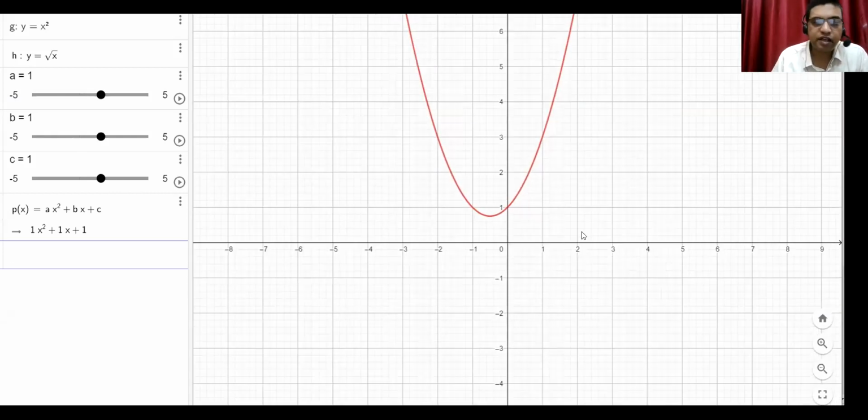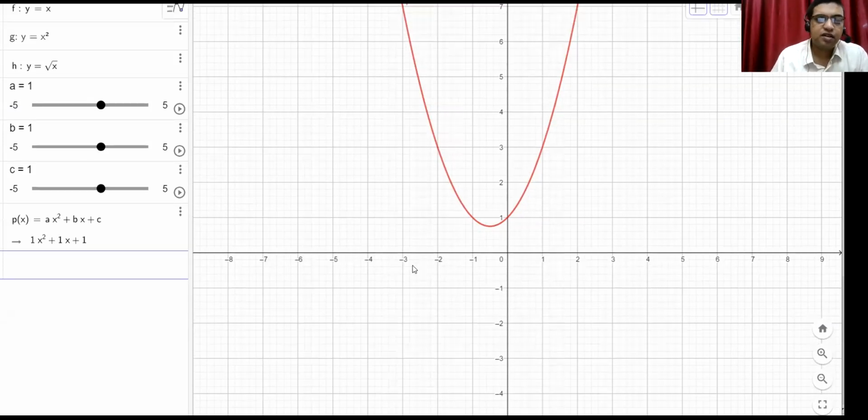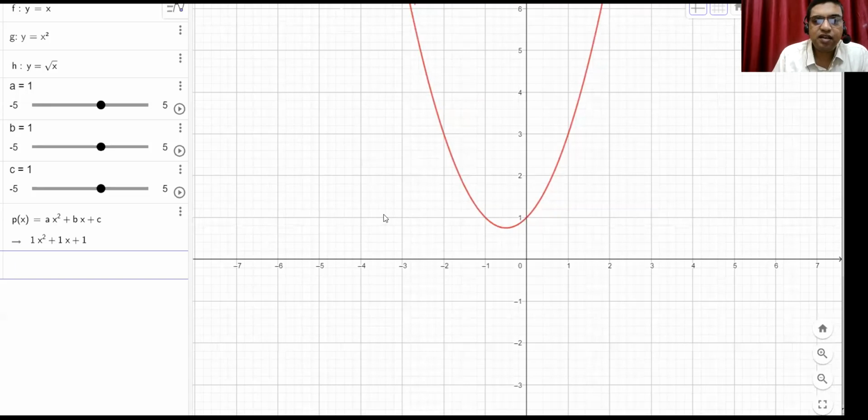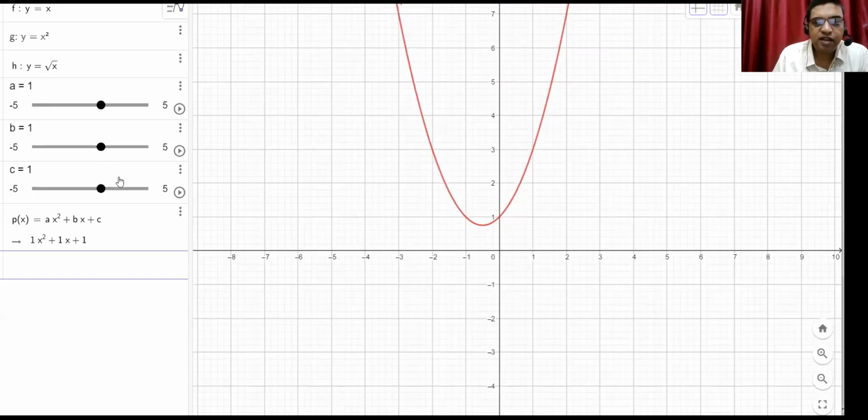Now we'll go into great detail in quadratic expressions. I just want to put that a quadratic expression, ax square plus bx plus c, represents a parabola. Now if I vary a, b and c, I get different results. Let us vary c. What does c do?